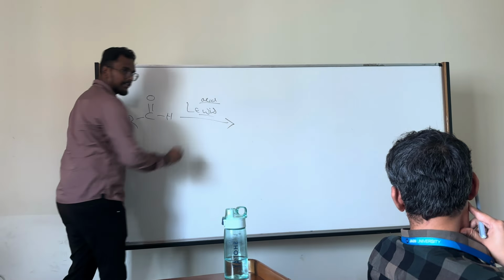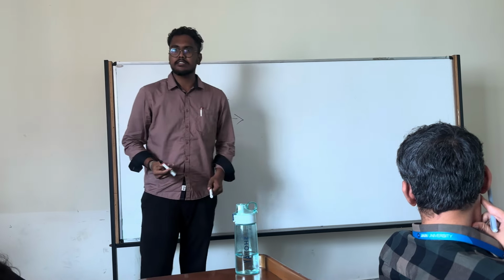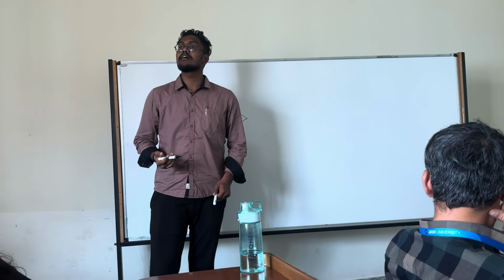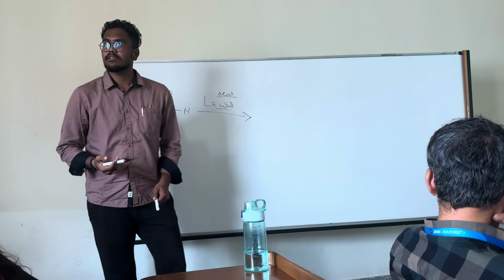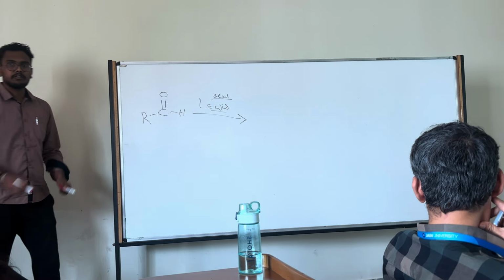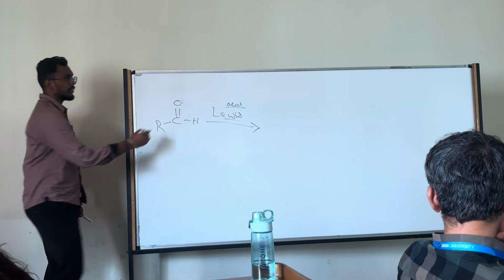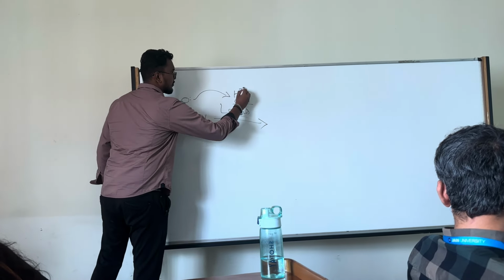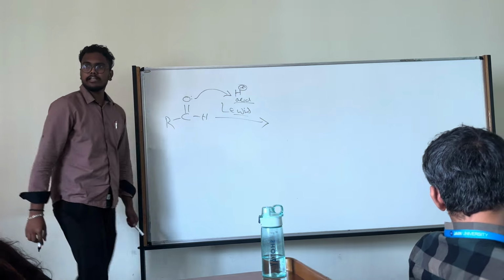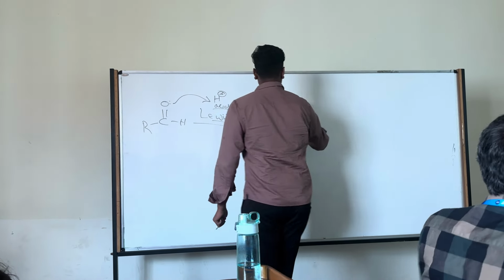Lewis acid. What is the role of a Lewis acid? Can anyone say? It is an electron pair acceptor, which means there is a donor. The donor is oxygen, which donates its electrons to the Lewis acid. I can write it like this.